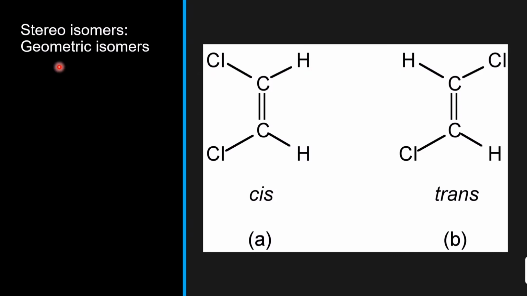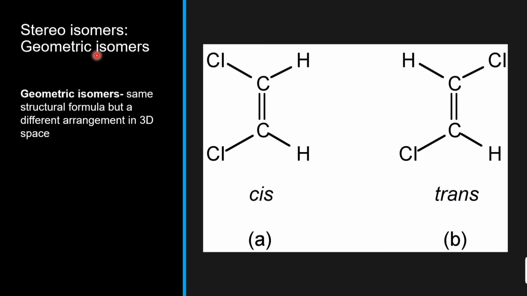And so the type of stereoisomerisation we're going to be looking at is geometric. Geometric is having the same structural formula, so which atoms they are bonded to, but a different arrangement in 3D space. And this can be classed into two categories.